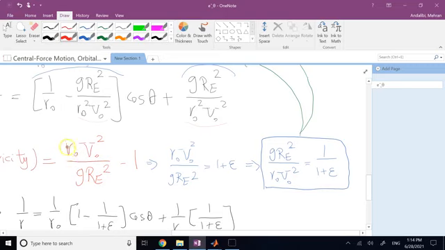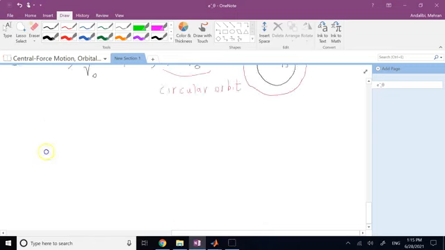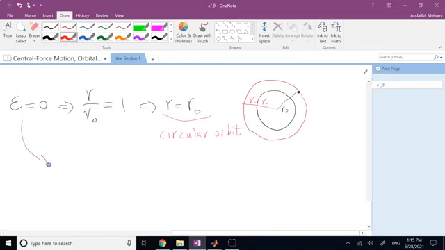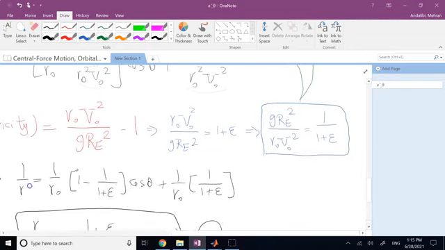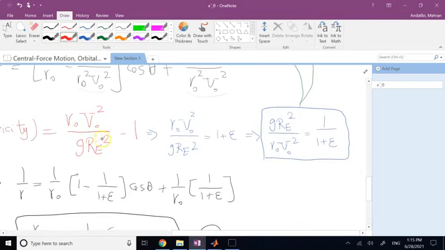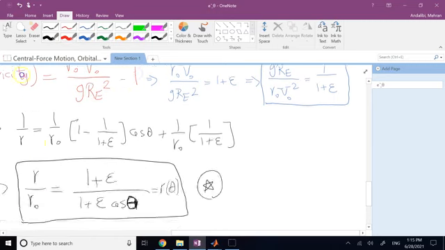And if you choose a specific radius, if you fix your V naught such that this entity is equal to 0, then you will have a circular path around the Earth. Okay, so if you want a circular path, it means that R naught V naught squared over GRE squared should be equal to 1.